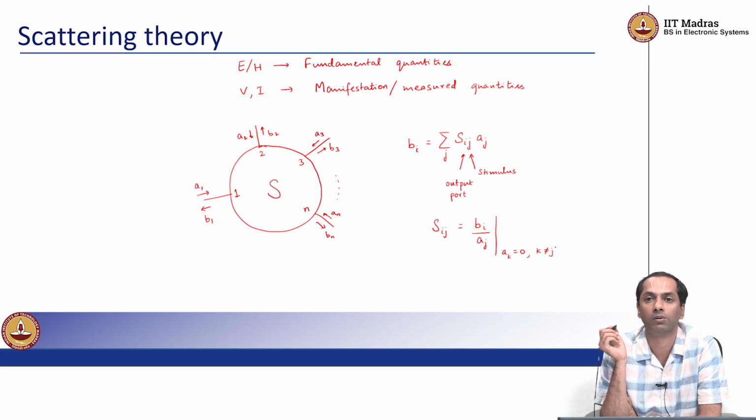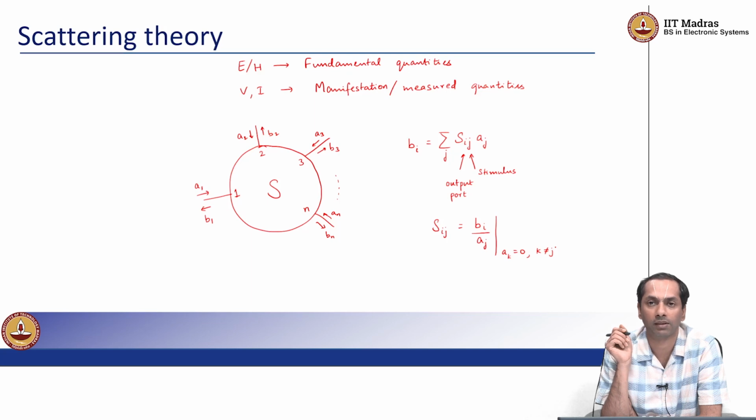So if I were to not inject any wave amplitudes in any of the ports except the jth port, right? So only Aj is non-zero. All the other ports, there's no input wave amplitude, and I ask the question, how much of this wave that was input in the jth port shows up in the ith port, right?